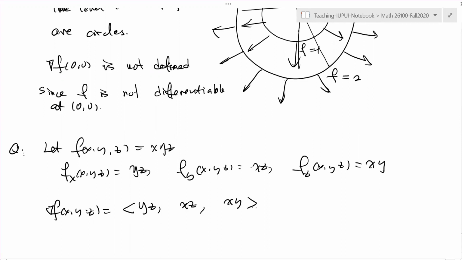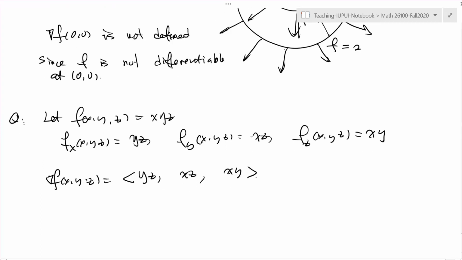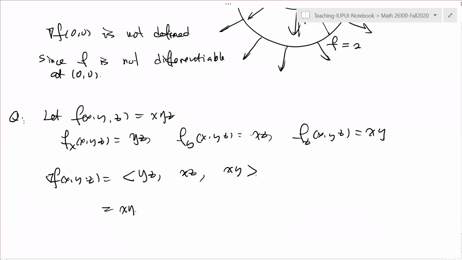Okay, so this is a vector field. This is a gradient vector. It's not easy to draw it, honestly, because those are components. And you can also express it in the following way. You can take xyz out. You will see, surprisingly, this will be like that.